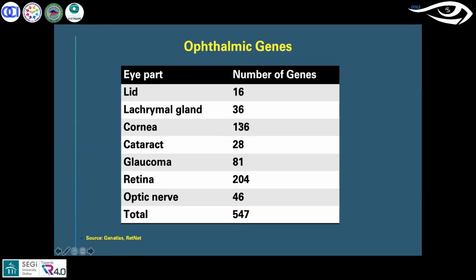They are the key heroes of the eye as an organ in terms of genetics. You can see more than 100 genes for the cornea and more than 200 genes for the retina. And some of these can be syndromic as well, not necessarily specific to one particular component of the eye.